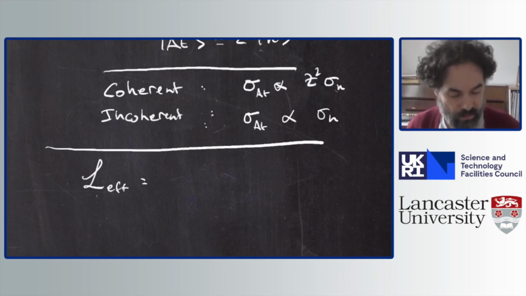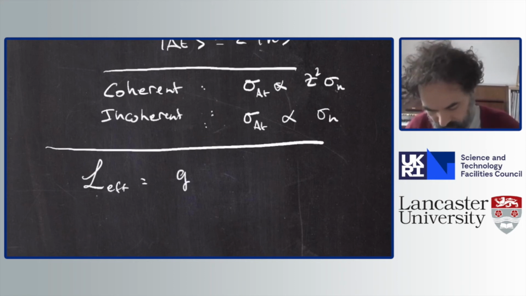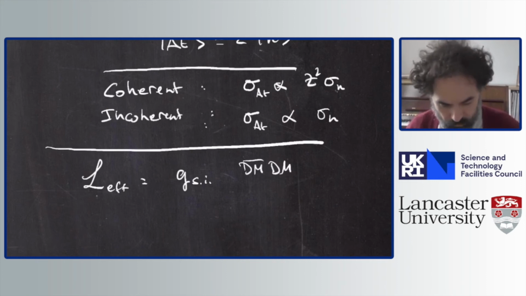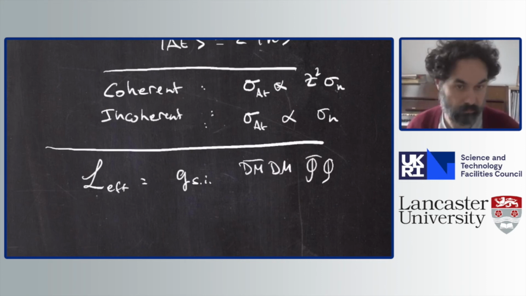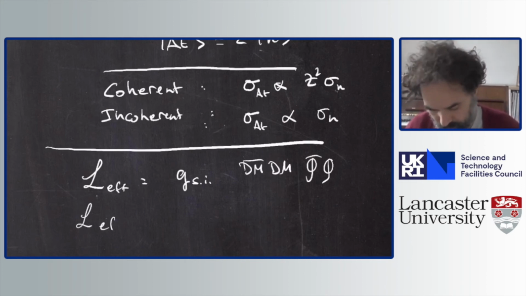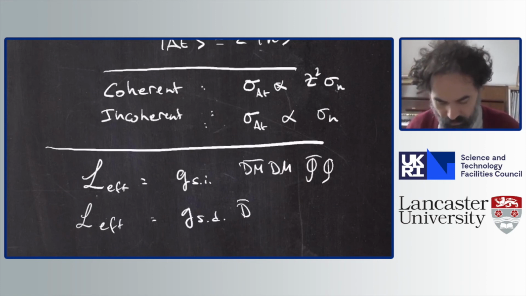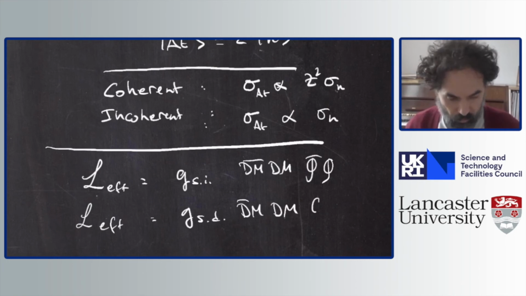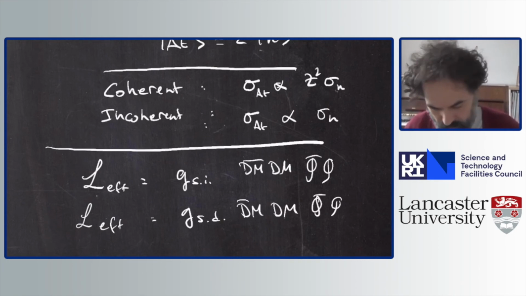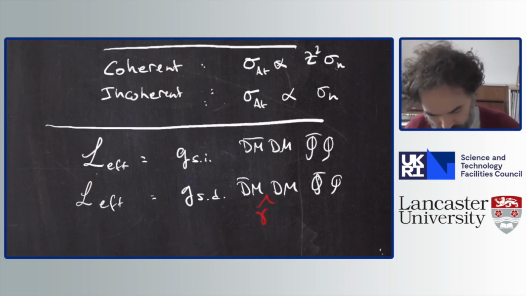So two paradigmatic examples are those given by these effective Lagrangians. First, spin-independent coupling of dark matter with quarks, let's say, and another one, spin-dependent coupling of dark matter with quarks. In this case, you have to put here some spin.